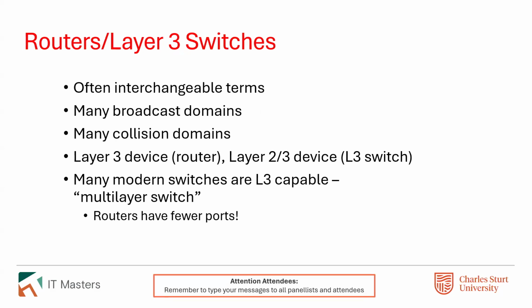Layer 3 and routers, well, layer 3 is routing. So to back up a little bit, switching is typically what you do at, say, the building level or at home, for example. You might have a switch connected to your computer at home. You might have a printer and maybe a couple of other devices connected to the back of that switch.